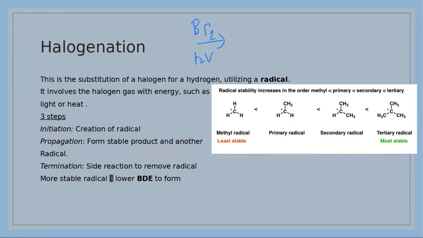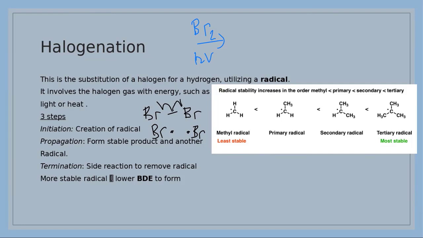This will be used to break apart the halogen into radicals, which can then react with our original molecule. There are 3 steps involved. First is the initiation, or the creation of that radical. The bond between them breaks and gives a radical to each halogen. We get 2 bromine radicals.